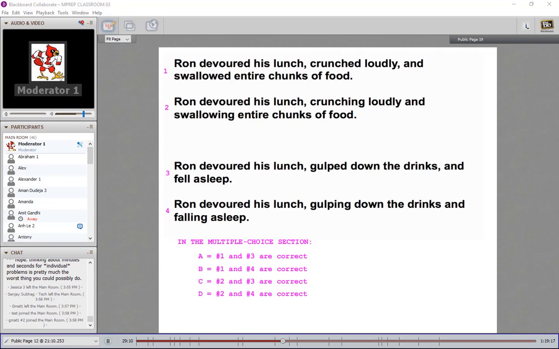In the same multiple choice section where you pick the answers to the problems. This is hopefully something that will not take longer than 30 seconds, maybe.